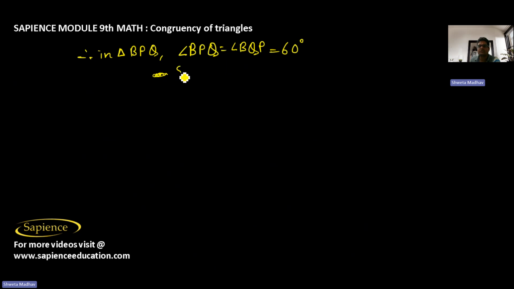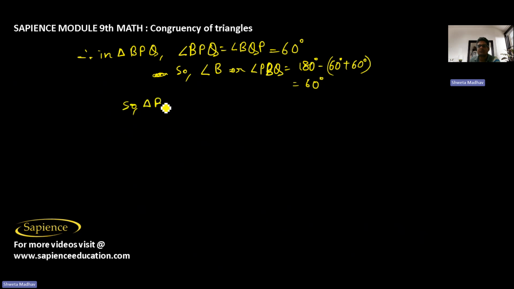And so the remaining third angle, angle PBQ, will be equal to 180 degrees minus 60 degrees plus 60 degrees. Since the remaining two angles are 60 degrees, this will also be equal to 60 degrees. So we can say that triangle BPQ is also equilateral.